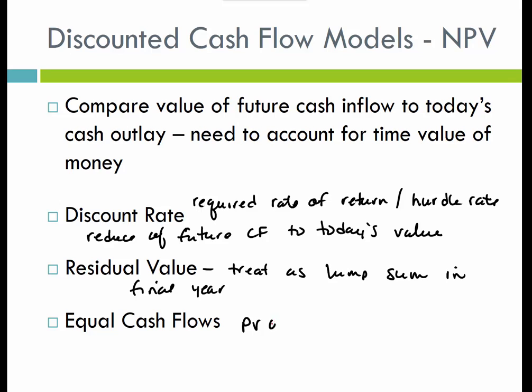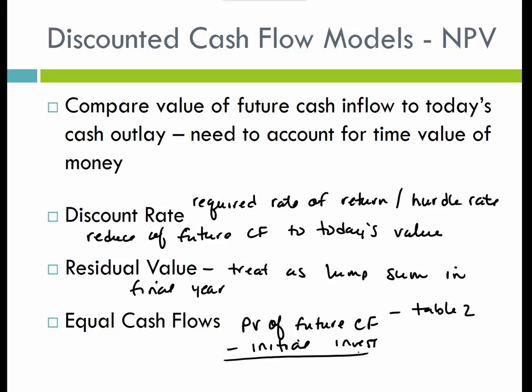I take the present value of all those future cash flows, and to get that, I would use Table 2. My annual cash flow would be the annuity amount, the even amount, and I would use Table 2 to discount that. I subtract off what I paid today, the initial investment, and the difference is my net present value.